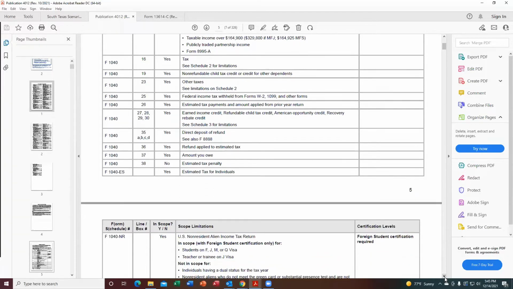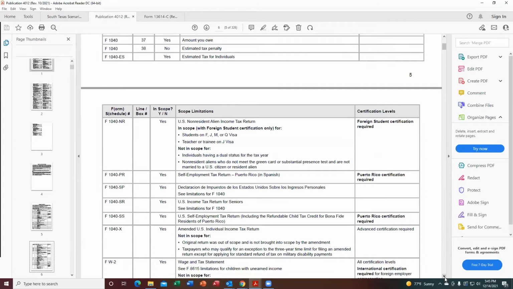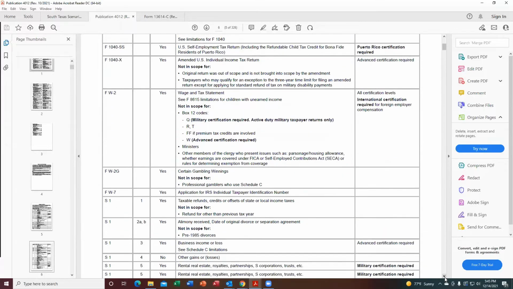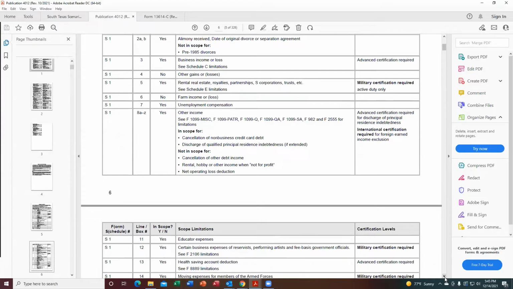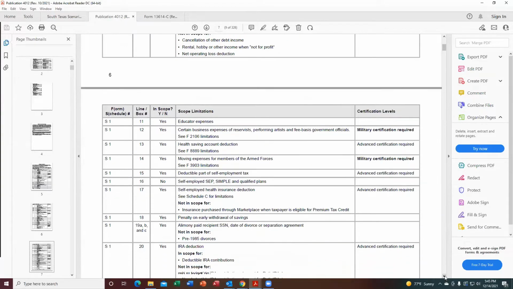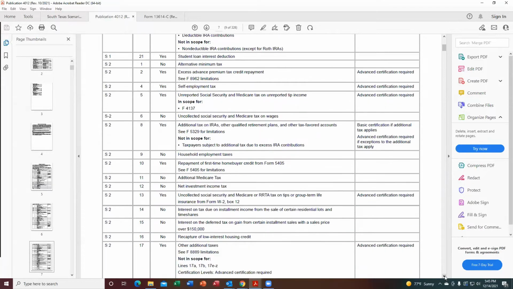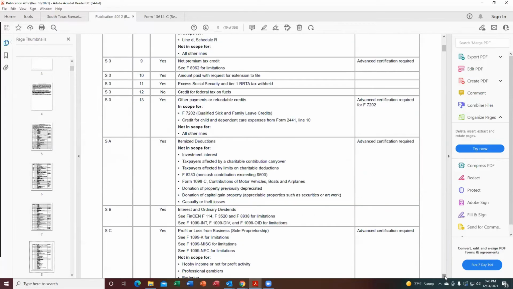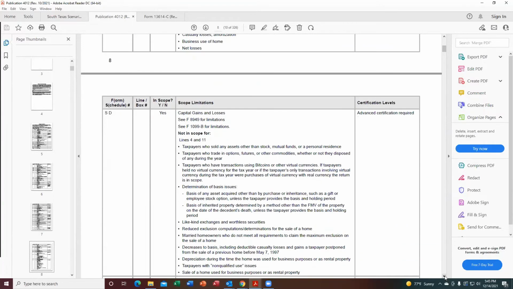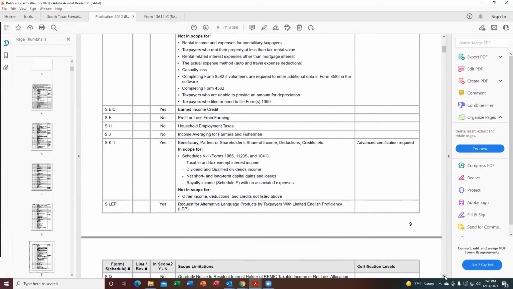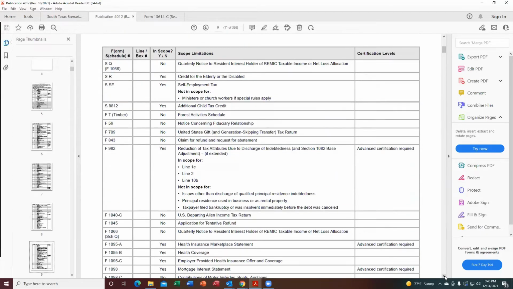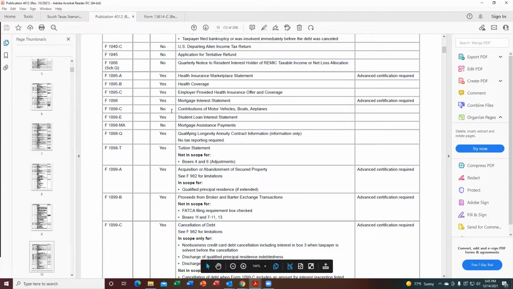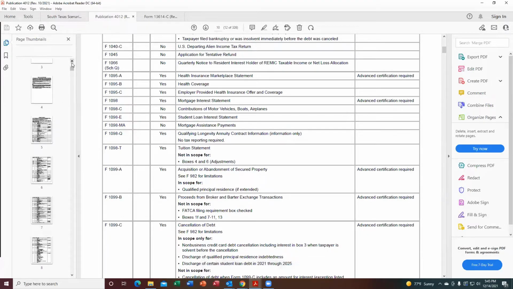If you have not had a chance or time to look at this, it gives us a lot of information. I'm just going to scan through this so you can see how much is in there. Okay, the next one. I'm just going to go back to my table of contents.